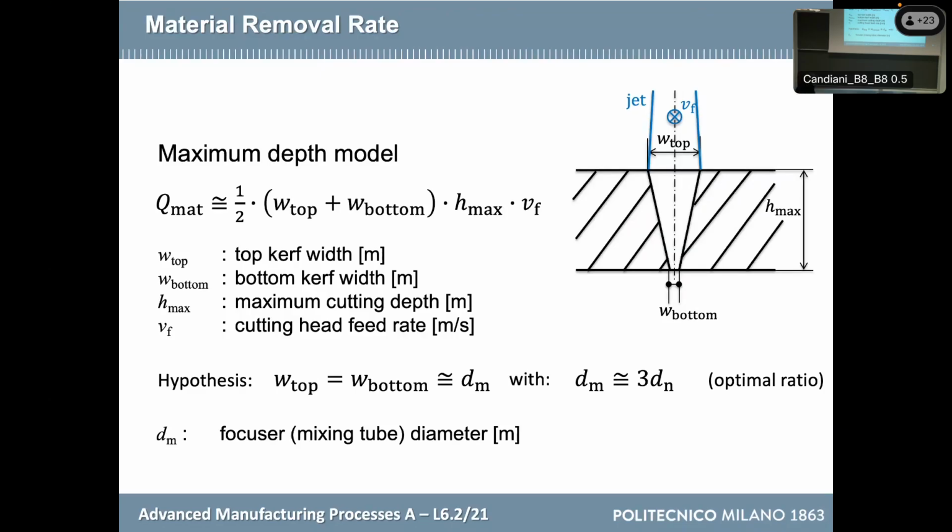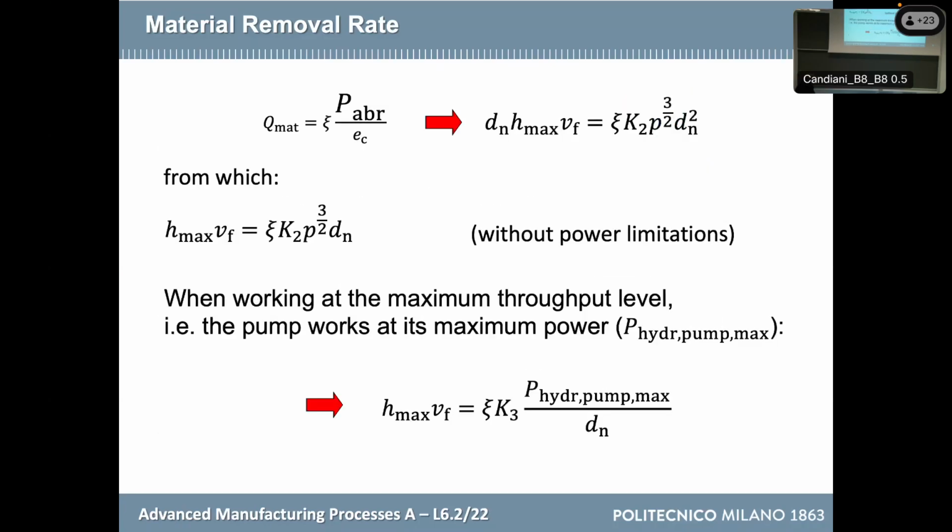So in other words, we are calculating the MRR, and we are distributing it on a parallel curve wall. So the section of the curve becomes rectangular, and the width becomes equal to the diameter of the focusing tube. So now, what we can do is putting together the two ways of calculating the MRR.